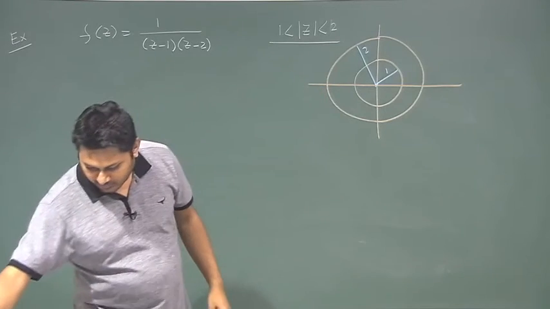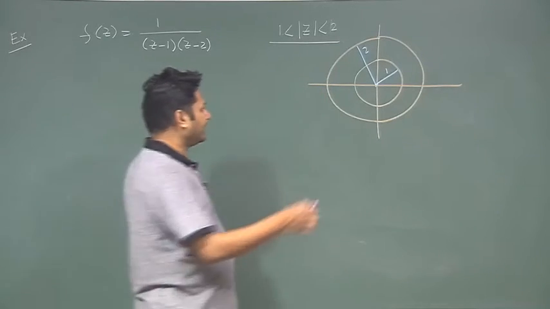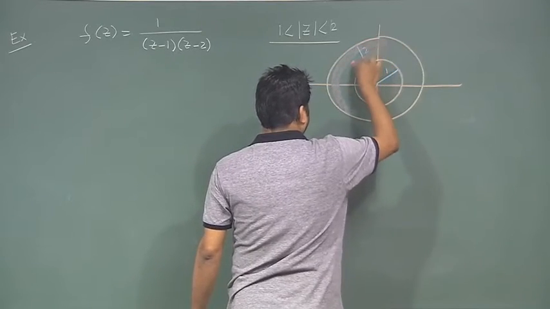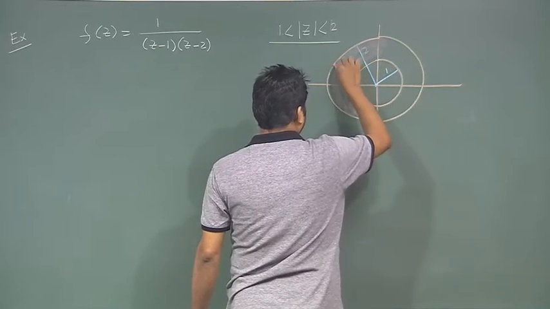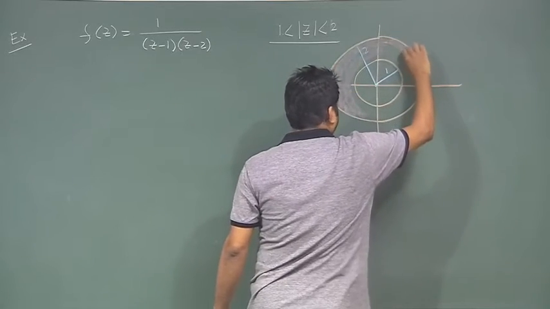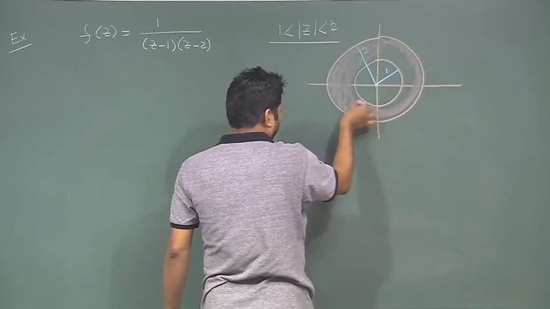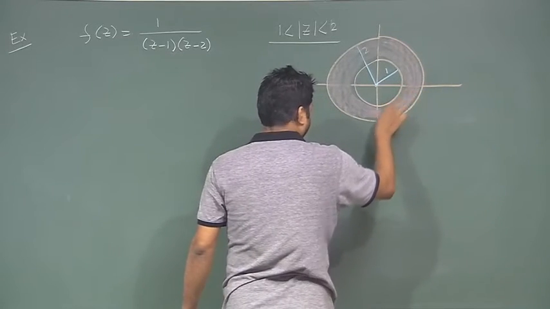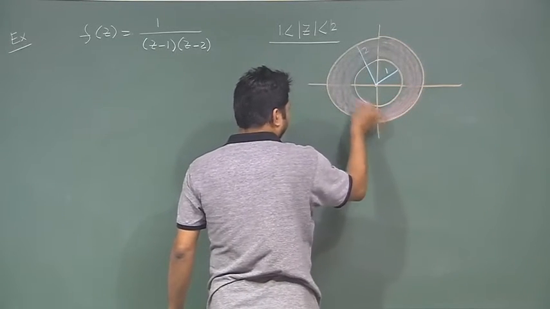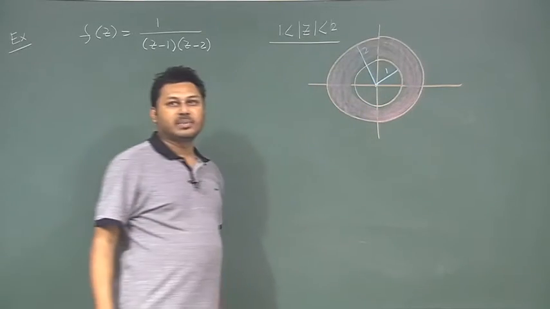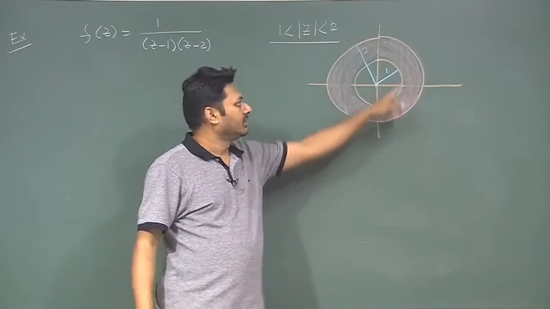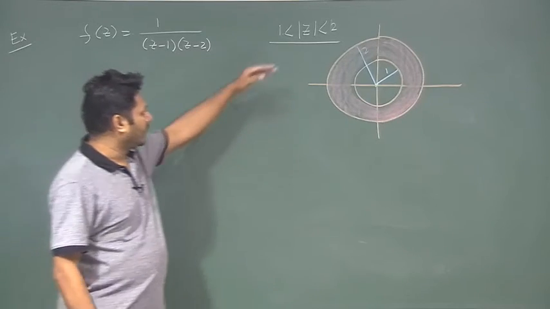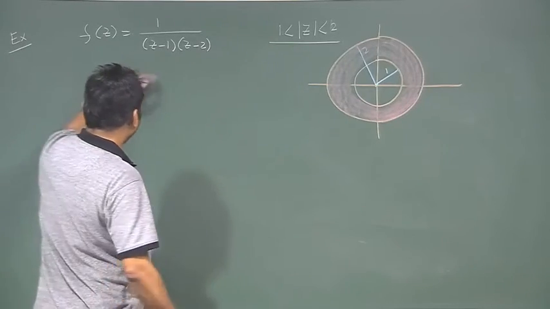So, the region where we try to expand this function is essentially this annular region, the shaded one, where the function has to be expanded in a Laurent series.